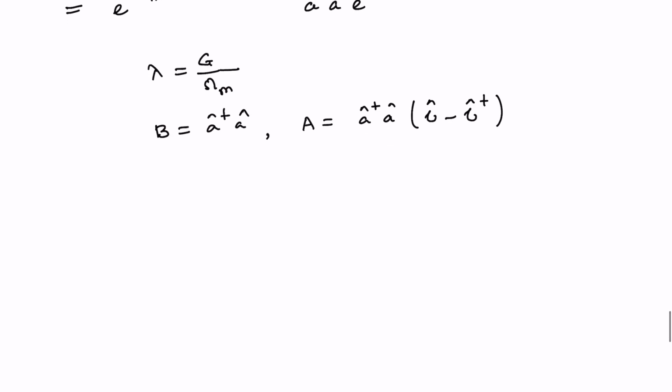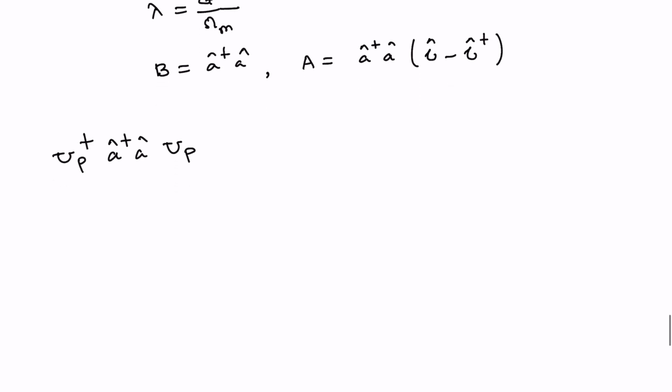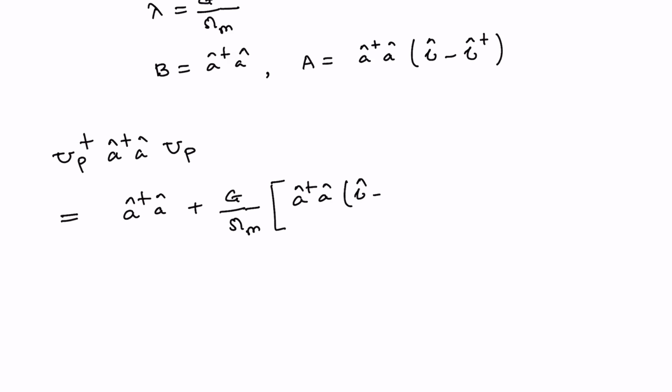Then term by term, U_P† a†a U_P gives me the first term a†a. Then λ is Z/Ω_m, and the commutation between A and B, so we have [a†a (b − b†), a†a]. Then we have other terms.